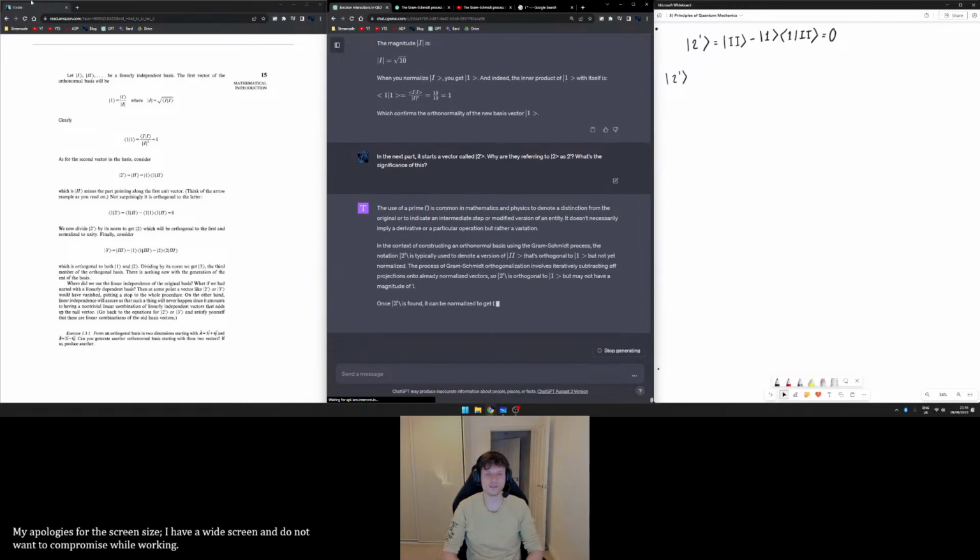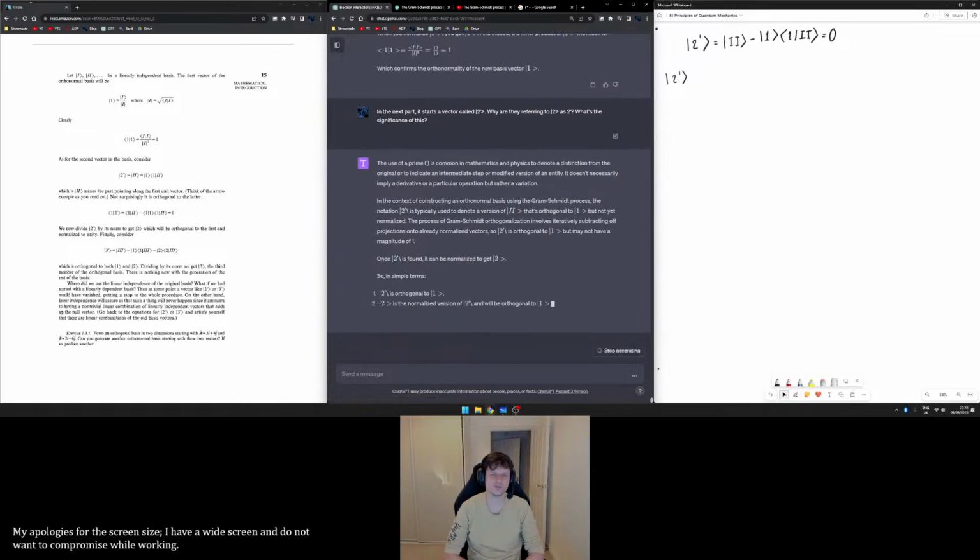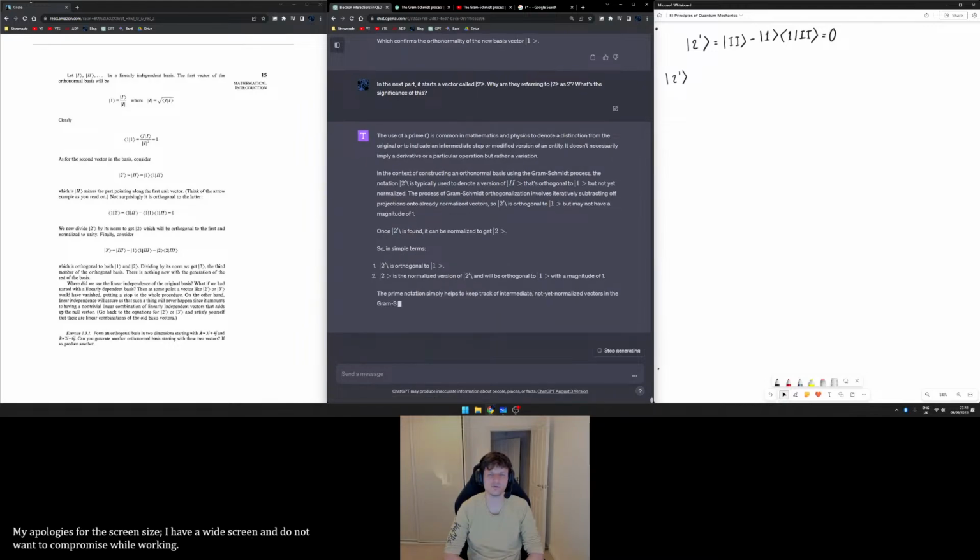The use of prime is common in mathematics and physics to denote a distinction from the original or to indicate an intermediate step or modified version of an entity. It doesn't necessarily imply a derivative or a particular operation, but rather a variation. In the context of constructing an orthonormal basis using the Gram-Schmidt process, the notation 2 prime is typically used to denote a version of II that's orthogonal to 1, but not yet normalized.